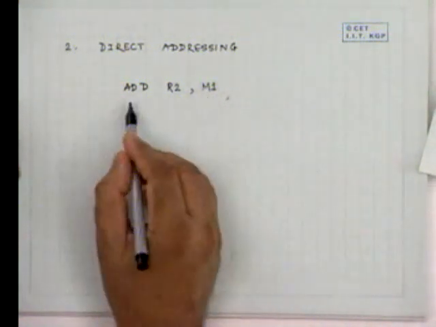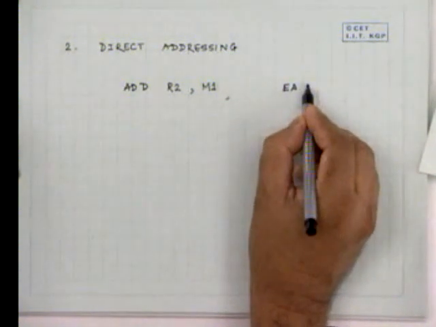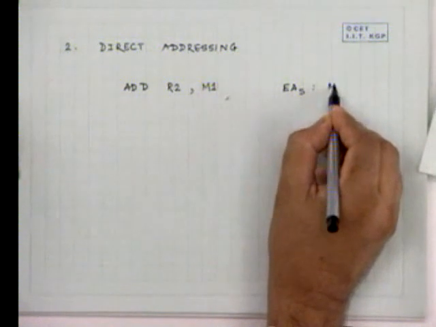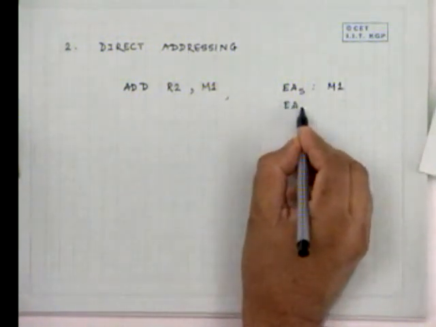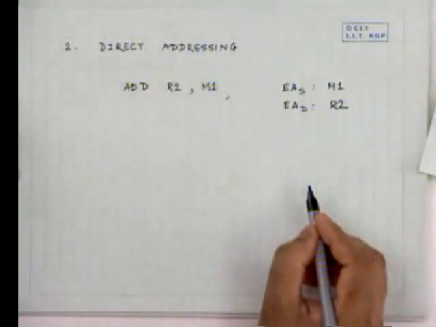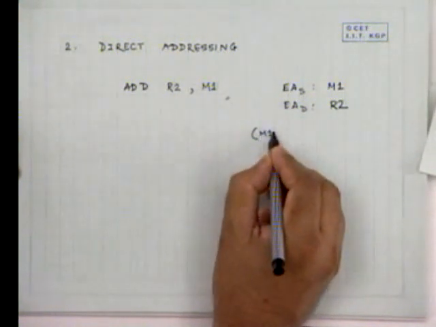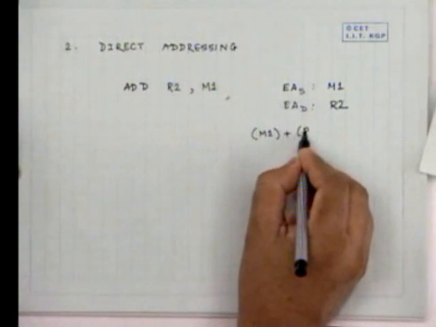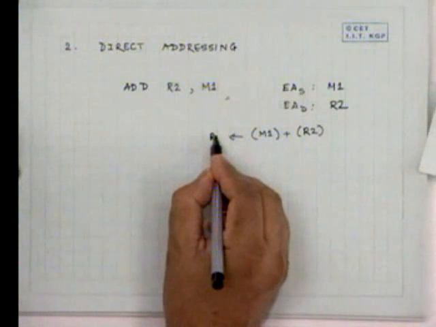Therefore, the effective address of the source is the location of M1. The effective address of the destination is register R2. It means that the content of M1 will be added with the content of R2 and the result will be the content of R2.